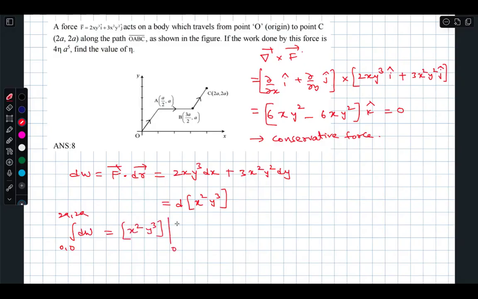Initially it is 0, finally it is 2A, 2A. Now you substitute. 2A square, 2A cube minus 0. 2 square, 2 cube, 4 into 8, 32 A to the power of 5.